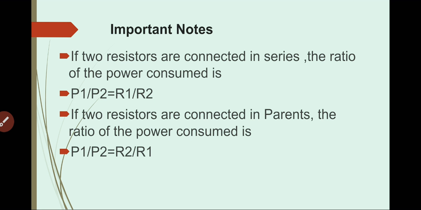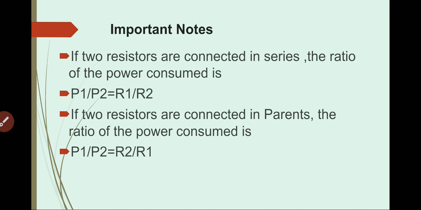If two resistors are connected, we know very well the combinations of circuits: series combination and parallel combination. In series combination, we take the simple addition of resistance. When we calculate the power consumed, if two resistors are connected in series, the ratio of the power consumed is P1 by P2 equal to R1 by R2.